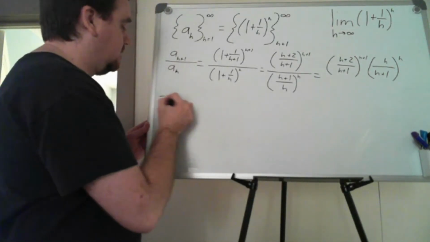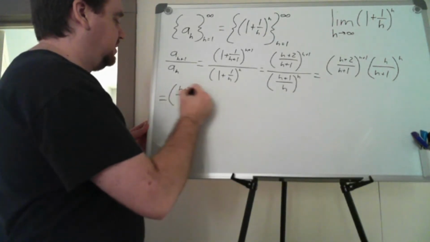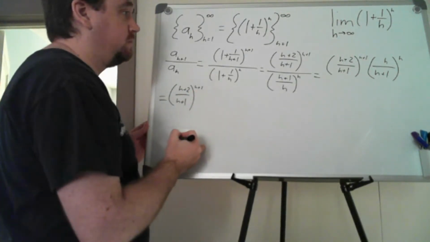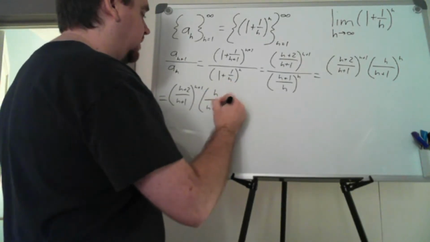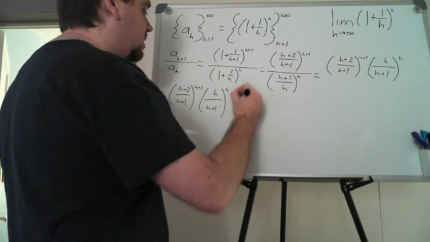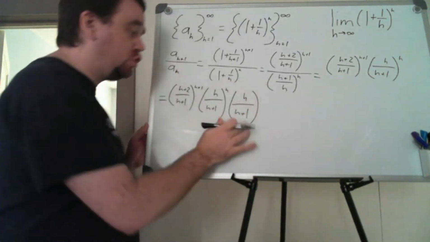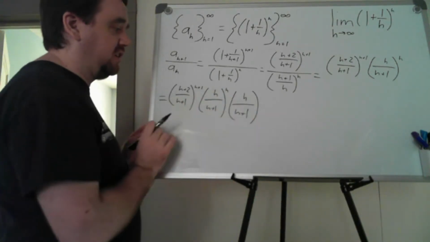So down here, I say, okay, I have h plus 2 over h plus 1 to the h plus 1 times h over h plus 1 to the h times h over h plus 1. I'm choosing to multiply by this so that I have the same things here.